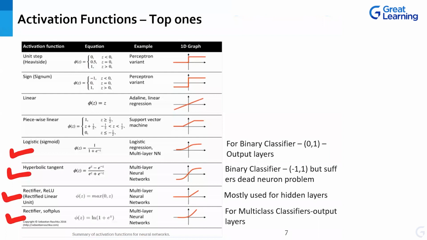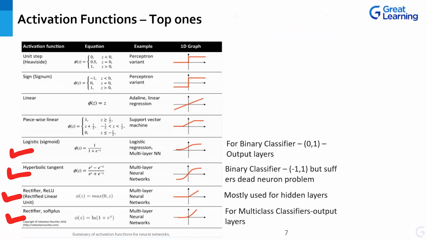The last one is softmax, or softplus you can say, the activation function that is used for multi-class classification problems. Softmax and sigmoid are almost the same. It's just that in softmax you have a denominator capturing all the probabilities. So if you have 10 classes, you have 1 upon the probabilities of all the 10 classes. That's the only difference, right?